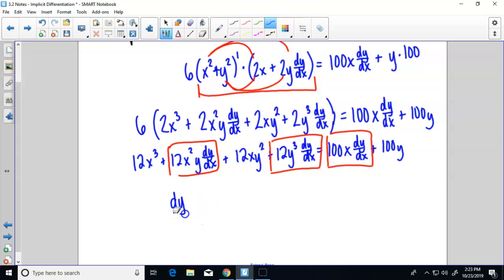I know the dy/dx will be out here. The 12x squared y does not change signs because it's on the left-hand side already. The 12y to the third does not change signs because it's on the left-hand side already. But this 100x is going to have to be a negative 100x because you're moving it to the left-hand side.